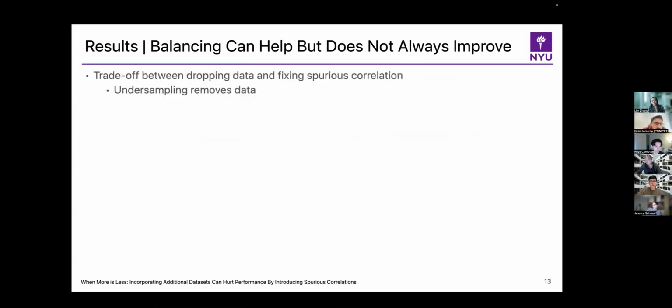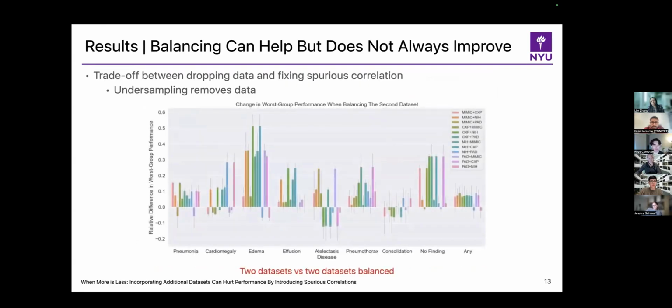We also want to note, obviously there's a trade-off when you're doing this balancing between dropping data and fixing the spurious correlation that you might have induced when you combine the two data sets. Because undersampling removes data.